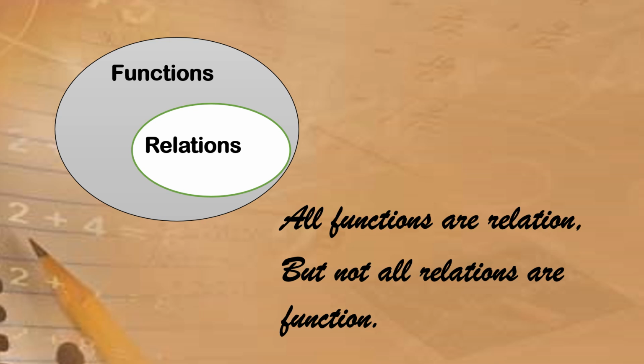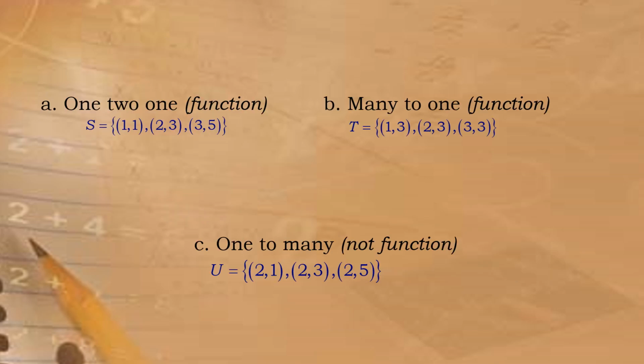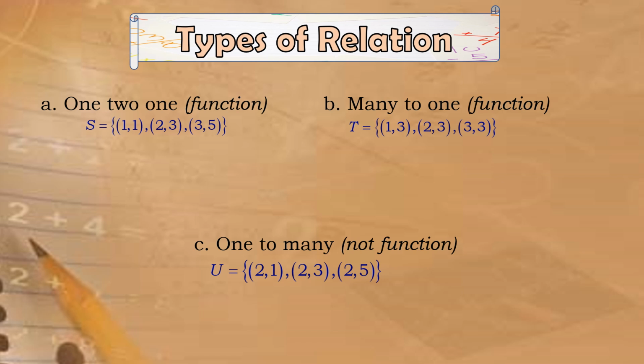I hope you understand. Let's proceed in this example. Kinds of or types of relations. As you can see here, letter A and letter B can be considered as function, and letter C is not function. It is only considered a relations. But all these three types are relations.